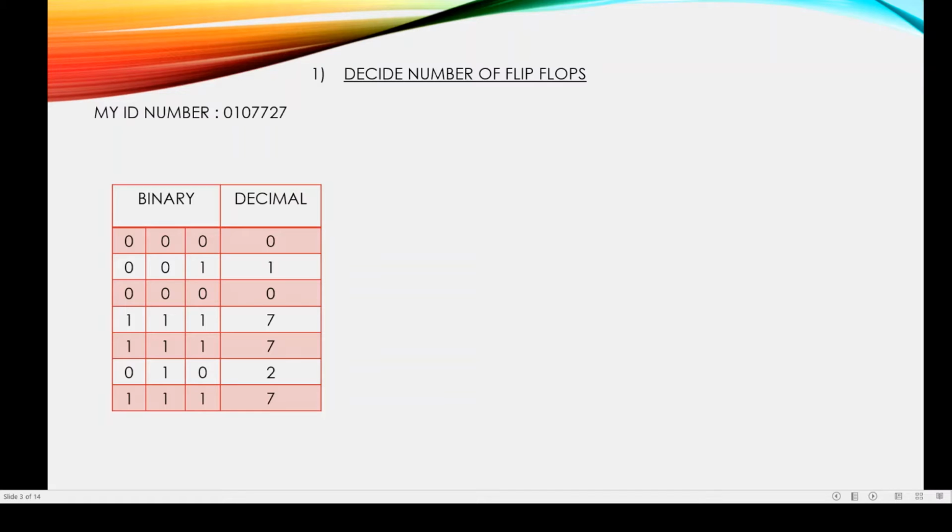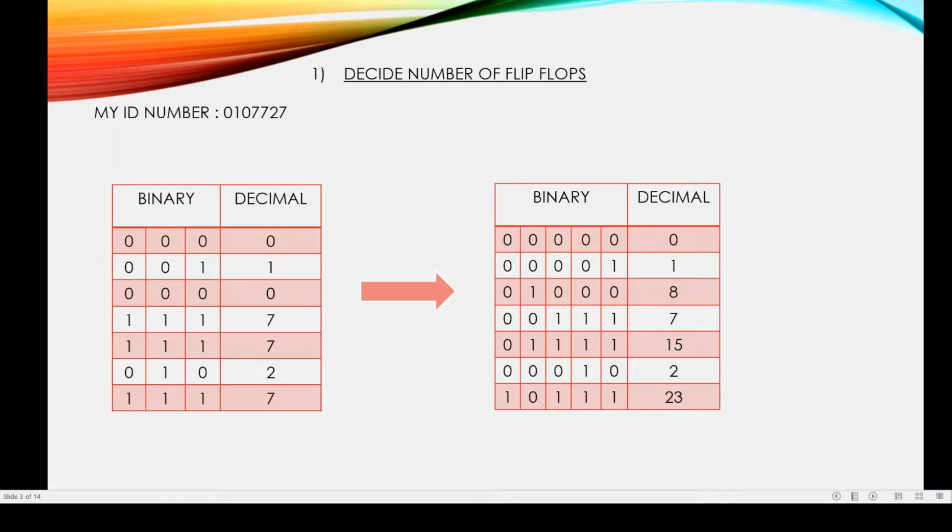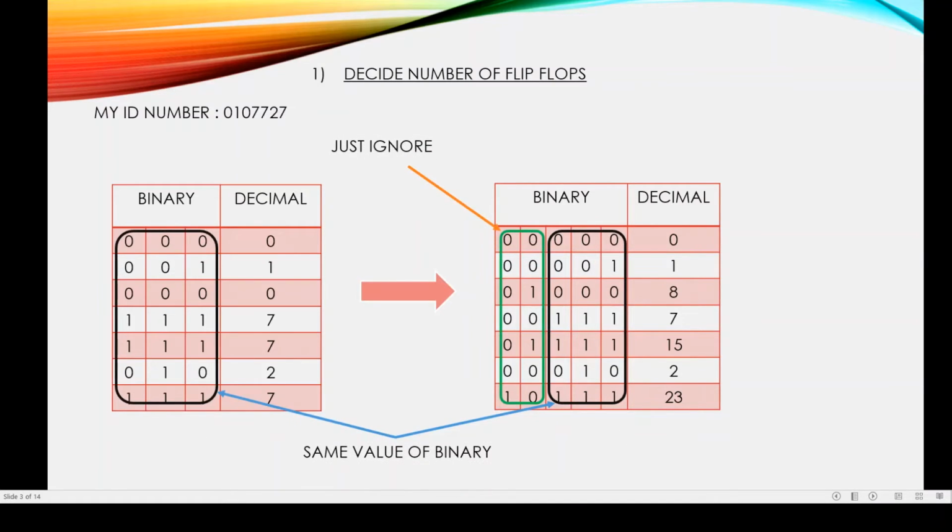How I want to overcome this issue is by using 5 bits, but we need to make sure that the last 3 bits are the same as the original. In the black box, we can see that the binary value is still the same, but the two binary digits in front are not the same. Just put any number as long as it's not the same.